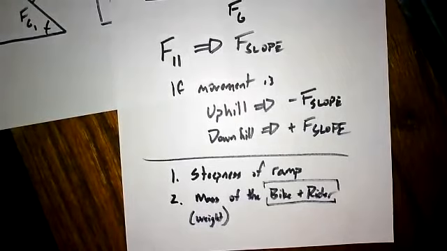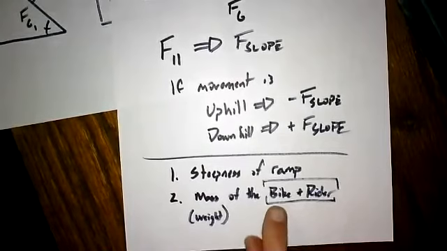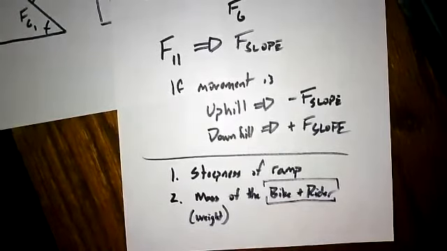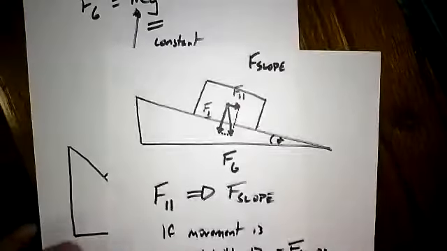That's the wheels, the frame, the seat, the pedals, the hardware that allows the gears to shift, the gears themselves, the handlebars. These things all add up to the bike rider system mass. Okay, so that's slope force.